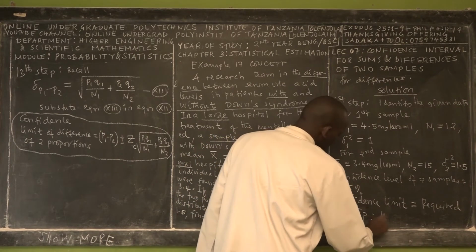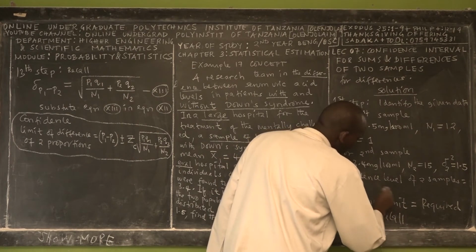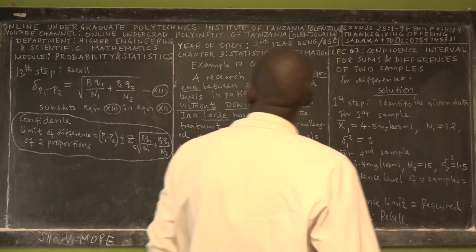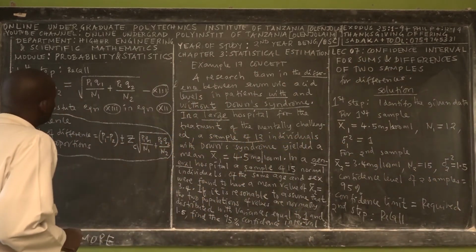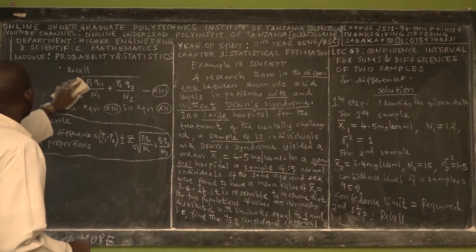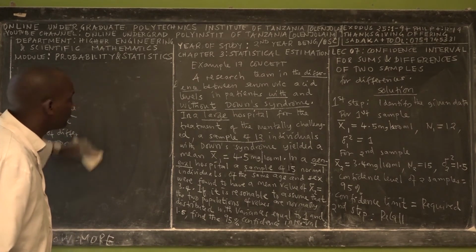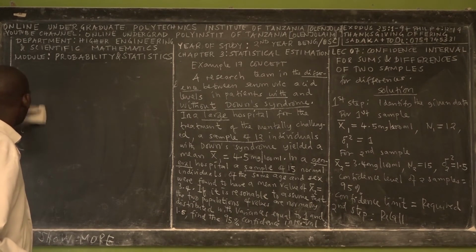Second step: the question is asking you about finding the confidence interval for the difference between two populations, between two samples.